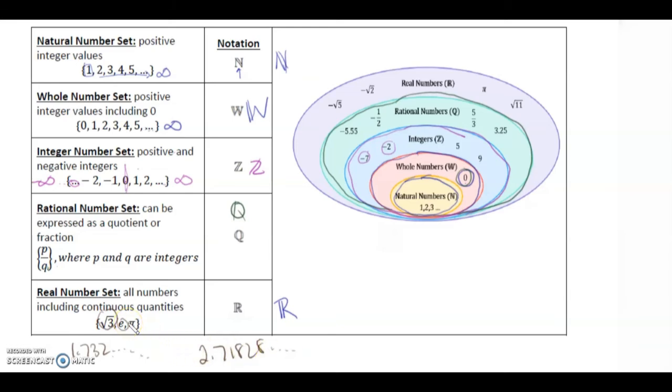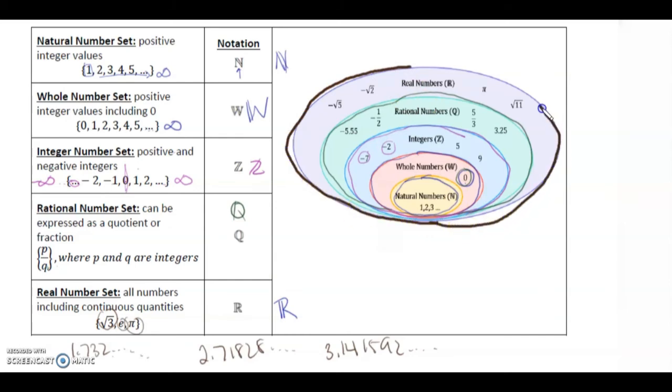And then pi, we usually round pi to 3.14, but in this case it's 3.141592 and so on. Okay, and all of these are going to be part of this real number system. Outside of the real number system, we probably won't talk about for right now, for the scope of the curriculum. So we're always going to be talking about numbers within the real number system.